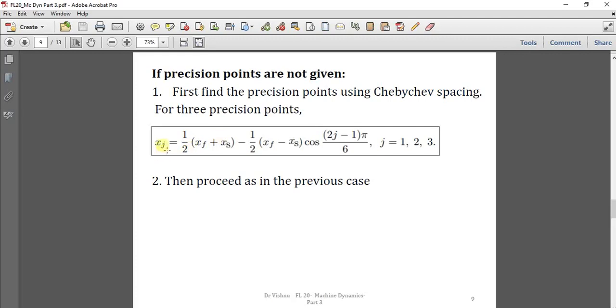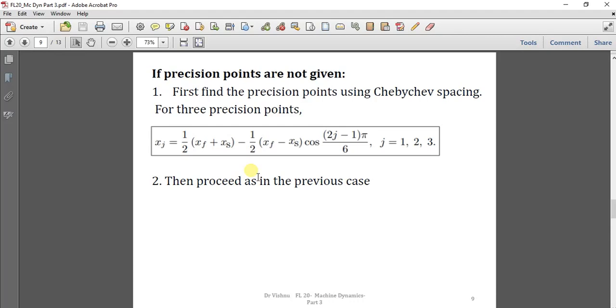This is for x, xj equals half of xf plus xs minus half of xf minus xs cosine of (2j minus 1) pi over 6. Here j can vary from 1 to 3. If you put j equal to 1, you will get x1, and if you put 2, you will get x2. Same for x3. So first find x1, x2, x3, and then proceed as we did in the last case.